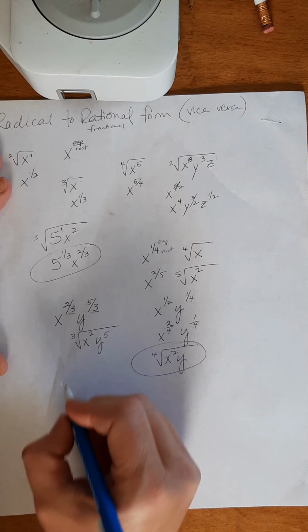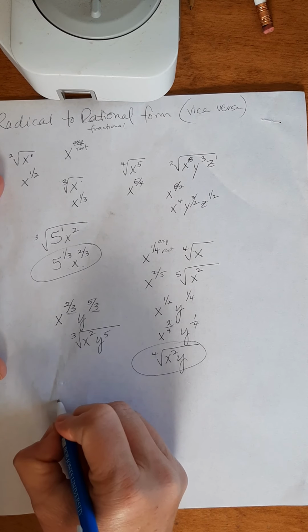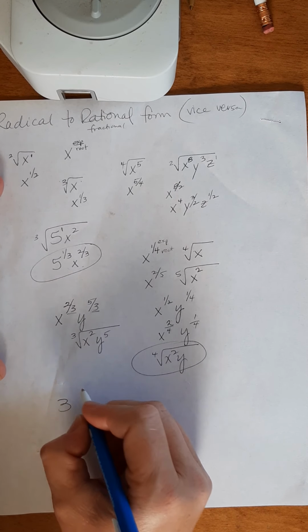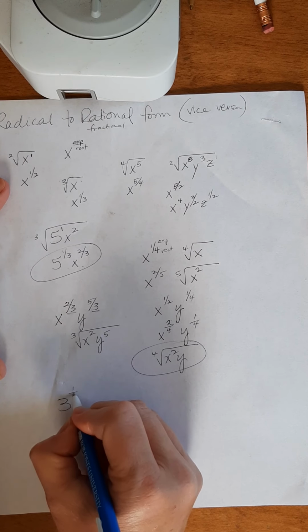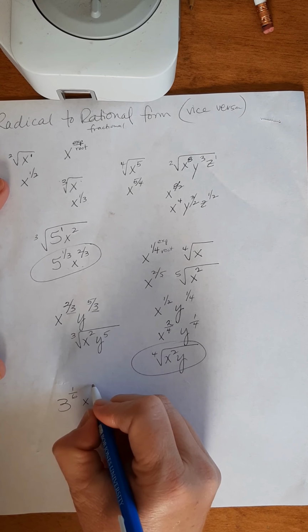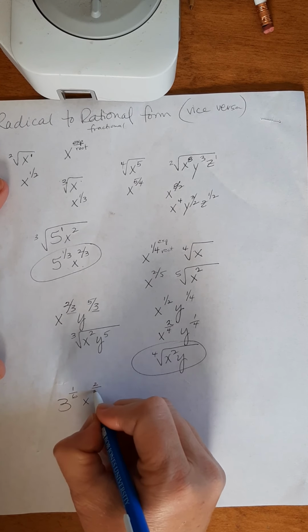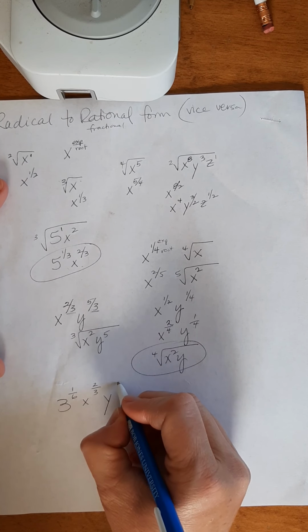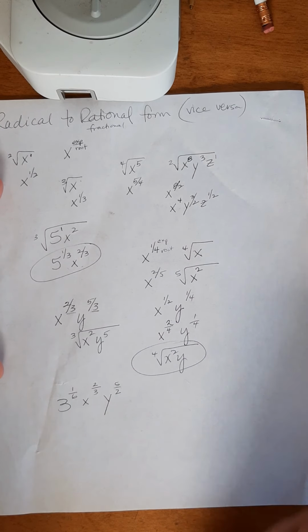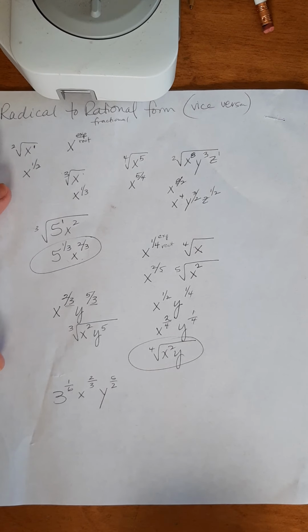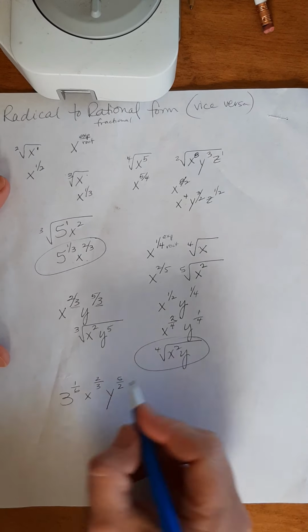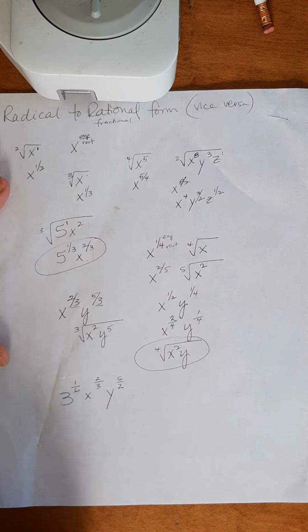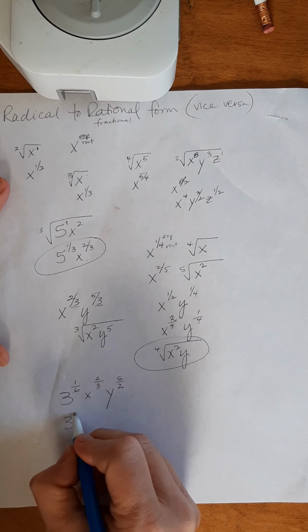All right. Let's do another one. One more. What about 3 to the 1/6, x to the 2/3, and y to the 5/2? We'll go all out for the last one. Notice how, what's the smallest thing that all of those go into evenly?